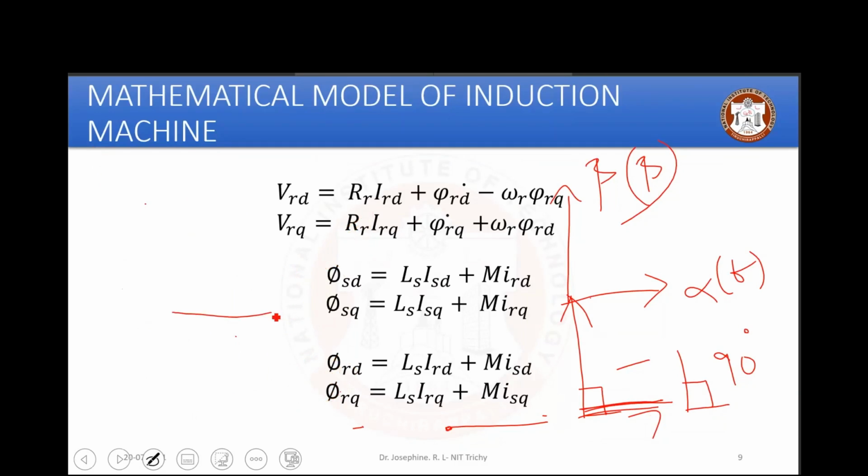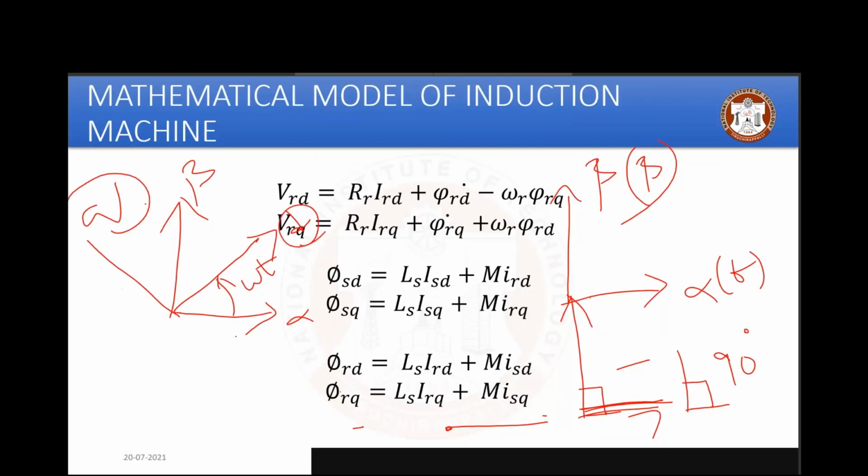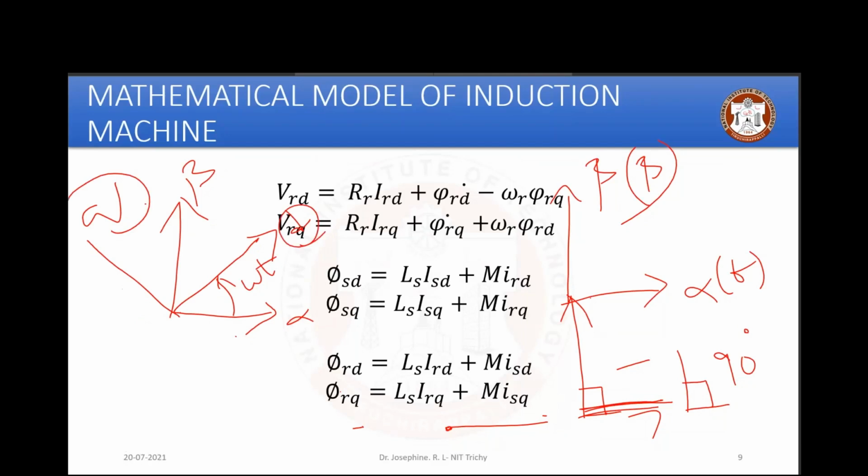So if you take alpha and beta, this is alpha and this is beta. At a moment, the dq axes are like this. This is d, this is q, and this is omega t. If you know d and q and you want to know alpha, obviously you have to project this d here.